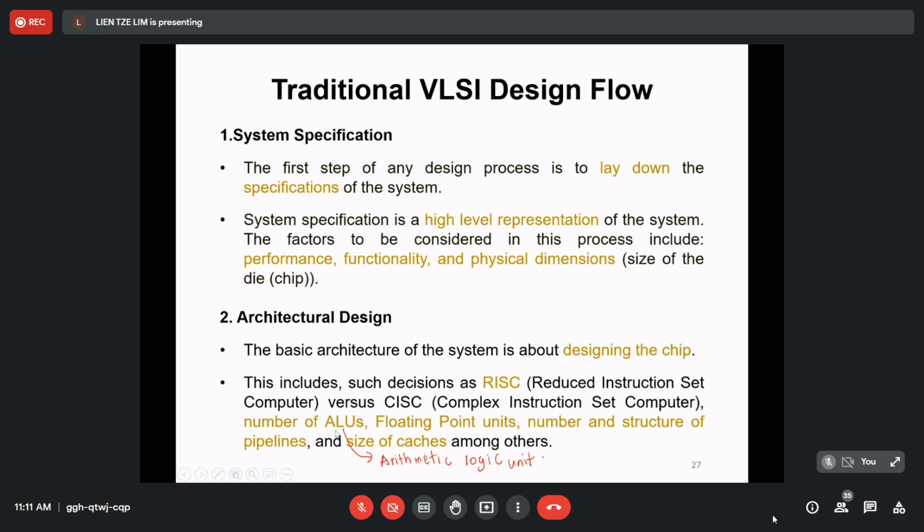Okay, this ALU is a unit that performs calculations, mathematical calculations.